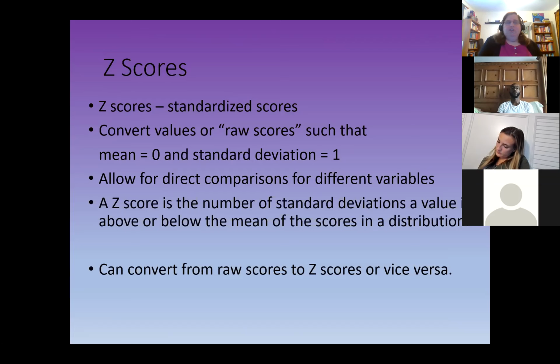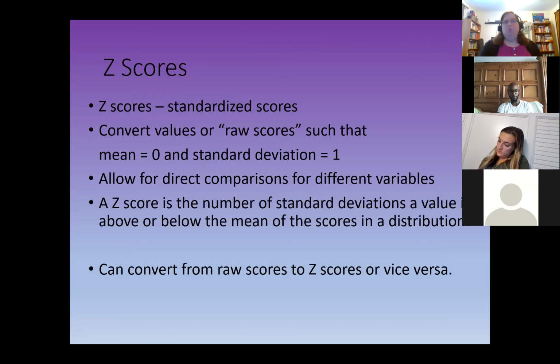A z-score is the number of standard deviations a value is above or below the mean of the scores in a distribution. So in other words, let's say you're working with different cognition tests. One of them has a mean of 100 and a standard deviation of 15, like a standard IQ test, right? But let's say the other has a mean of 60 and a standard deviation of 7.